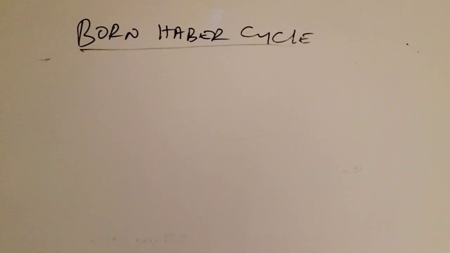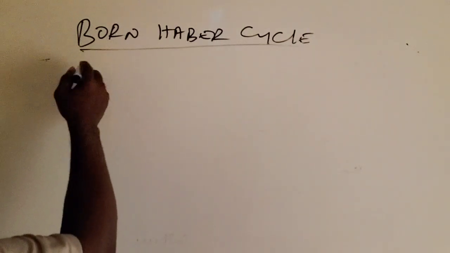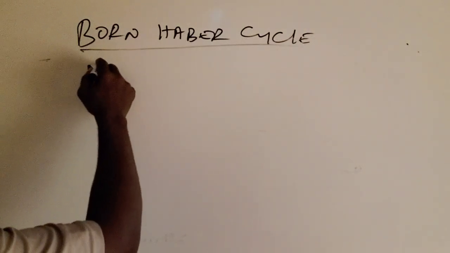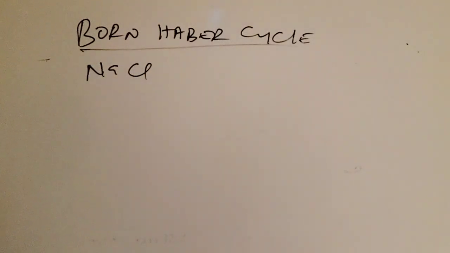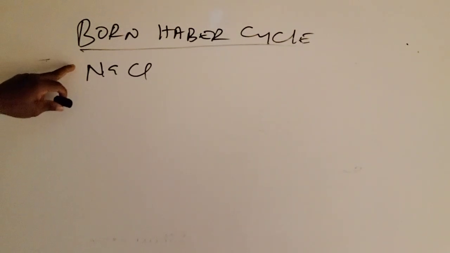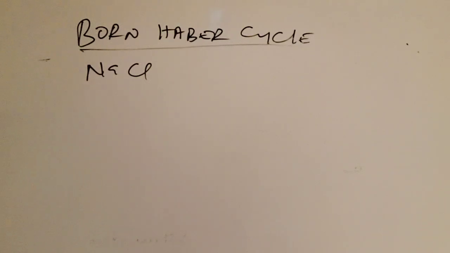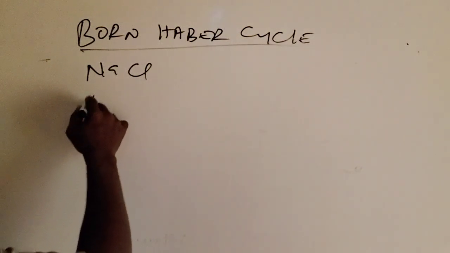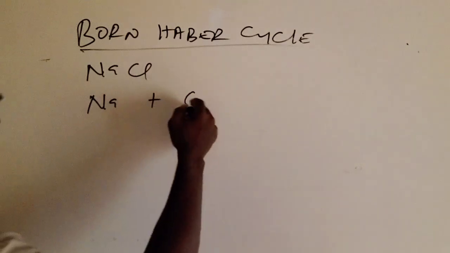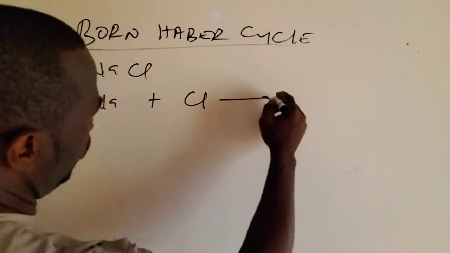In the Born-Haber cycle, let us consider an ionic compound, a metallic chloride, for example, sodium chloride. The first step to consider is formation, which we discussed a few minutes ago. To form sodium chloride from its constituent elements, the equation is sodium plus chlorine giving us sodium chloride.